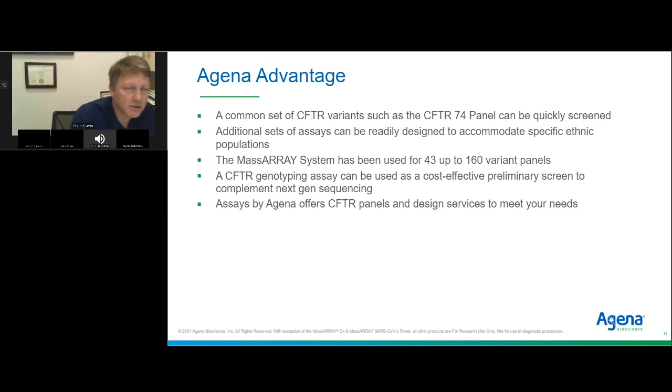We can easily create other sets of assays as we have done for other labs already, and we have labs running panels from 43 up to 160 different variants in their panel. And a genotyping assay can definitely be a very cost-effective preliminary screen for other things like next-gen sequencing, for instance. And as I mentioned, Assays by Agena is a great tool to customize a CFTR panel to your needs if need be.